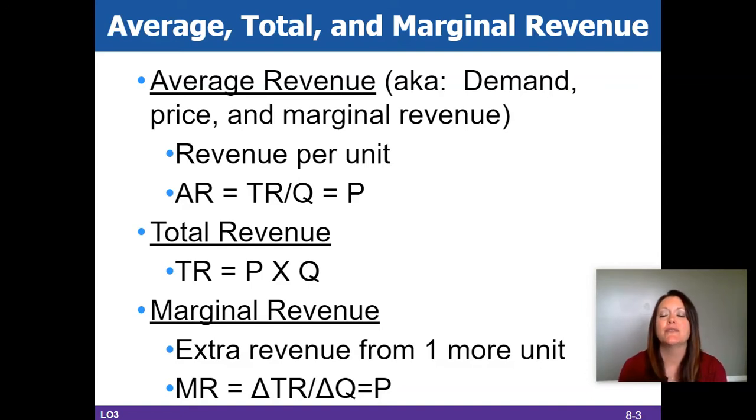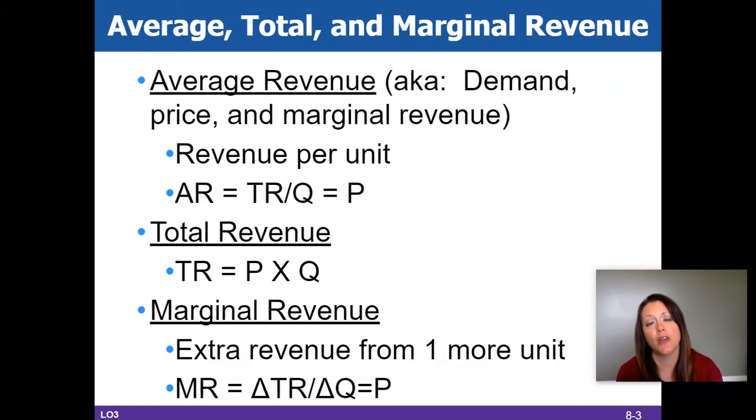Basically, your average revenue, the definition would be the amount of revenue that you're earning per unit. And you can find the answer to that by looking at your total revenue divided by quantity. This is also going to be your price because your price is fixed. So, for example, if you have a price of $20 on a product and you make one product, your average revenue is going to be $20.